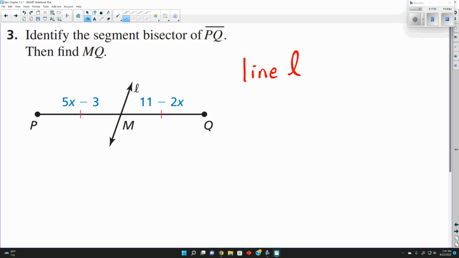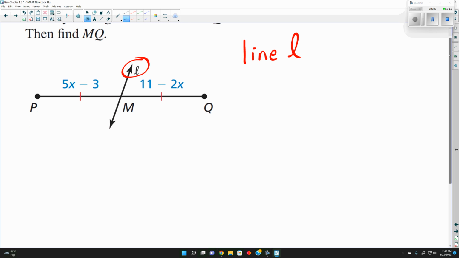Line L. Now it is bisecting it at point M, but how many points do we need to name a line? 2. Do we have 2? No. So we have to go with this here. If we had another point on that line, we could use it, but since we only have one, we have to use line L. Okay? Any questions on this so far?